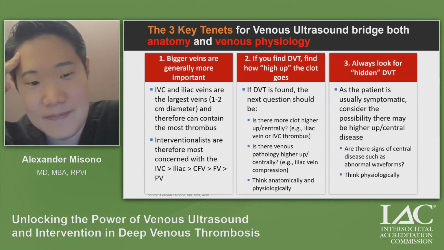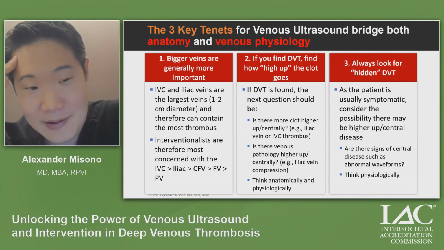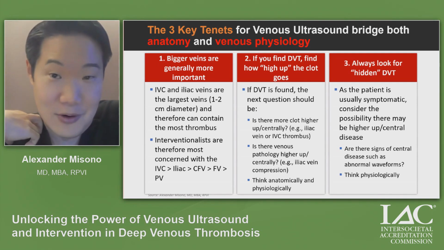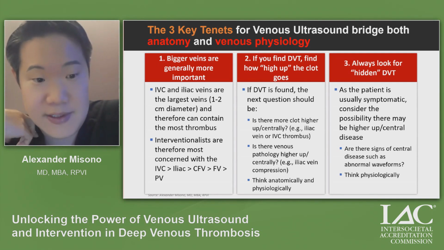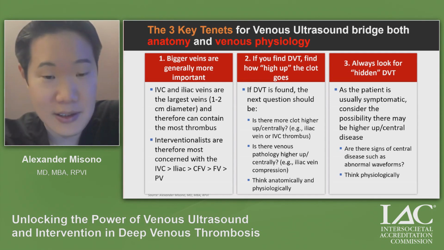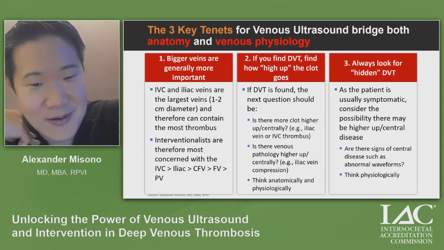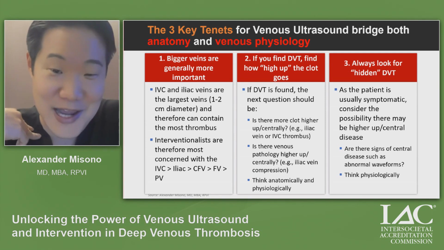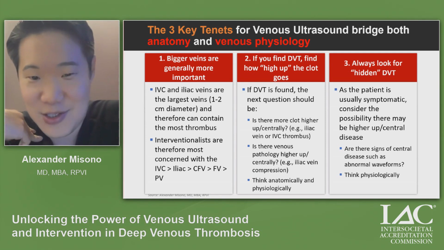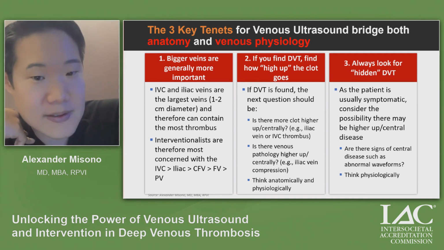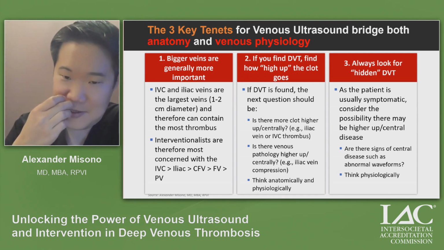I see this all the time. Remember that not only do I care more about the bigger veins, such as the IVC and iliac veins, so iliocaval, iliofemoral veins, but trust me, your patient does too. They're probably not going to talk about it with that anatomy and those terminologies, but they care because their symptoms are potentially significant.